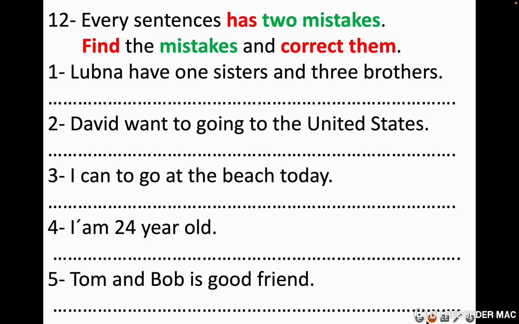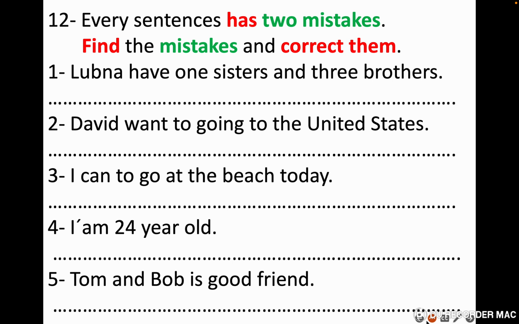So this is the last question of this Let's Practice English number 4. We have 5 sentences. Every sentence has 2 mistakes. Find the mistakes and correct them. Sentence number 1. Lubna have 1 sisters and 3 brothers. So in this sentence we have 2 mistakes.